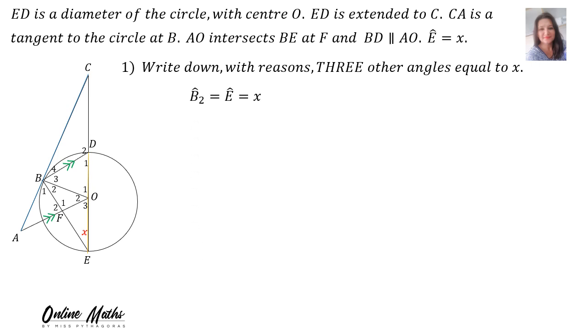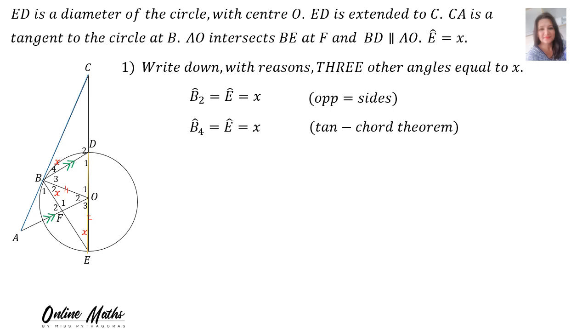So we can start by saying that B2 is equal to E is equal to X. And if you have a look at your sketch, you will see that OB and OE are radii. Therefore, the reason will be opposite equal sides. Then we can also say that angle B4 is equal to X, and it's the tan chord theorem.